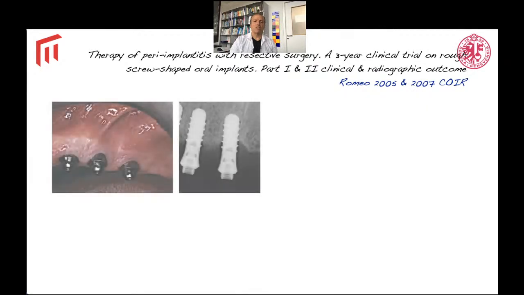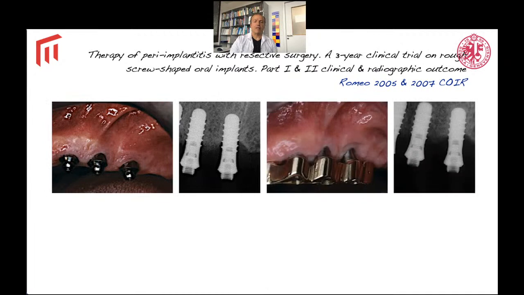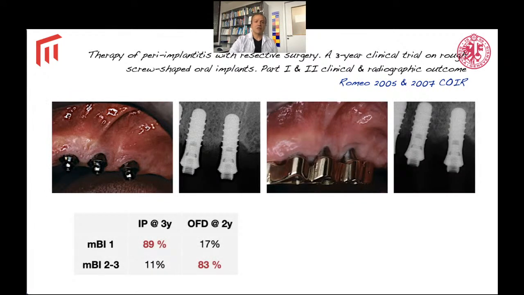And what the authors could see was that after 3 years of treatment, the majority of the implants treated with implantoplasty, so 90% of the implants, showed a low tendency for bleeding, while the majority of the implants, 80%, treated with open flap debridement showed a large tendency for bleeding already after 2 years.